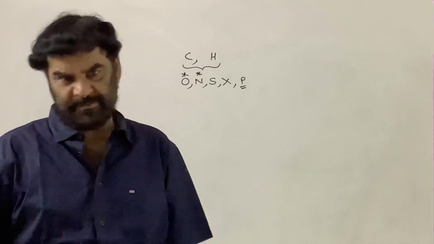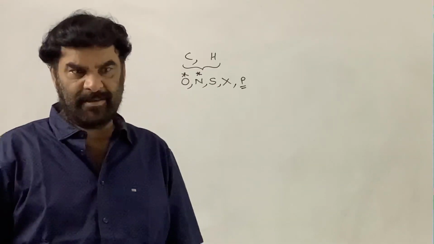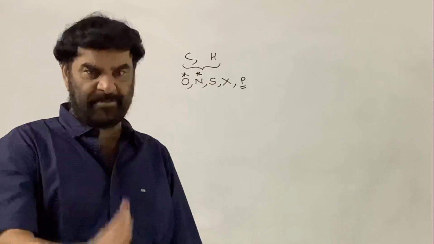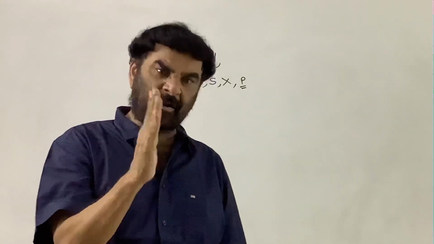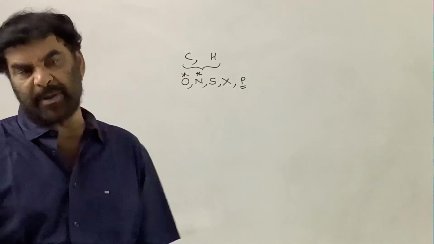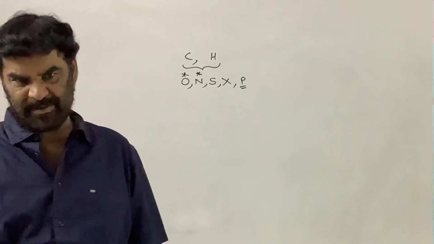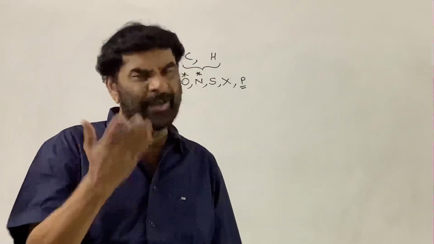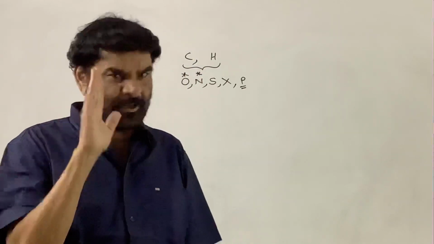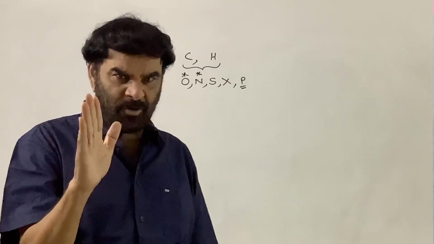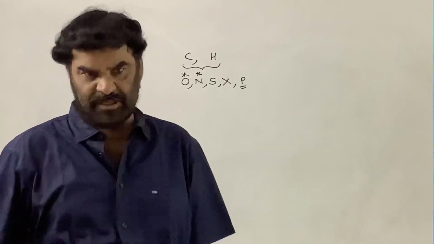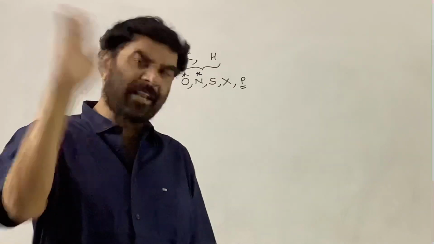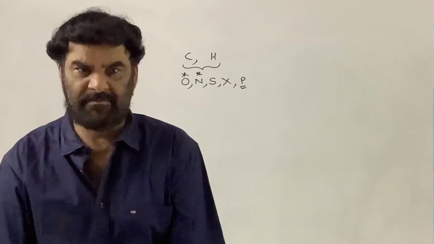By default, all organic compounds contain carbon and hydrogen. But there will be an exception. In the universe, no generalization is valid for all situations. For every generalization, there will be an exception.